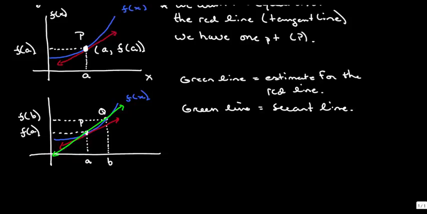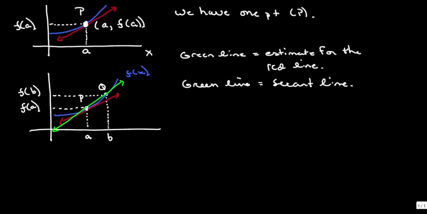So here's what we're going to do. We're going to calculate the equation of the green line. And so the slope of the green line is given by the change in the y values divided by the change in the x values.